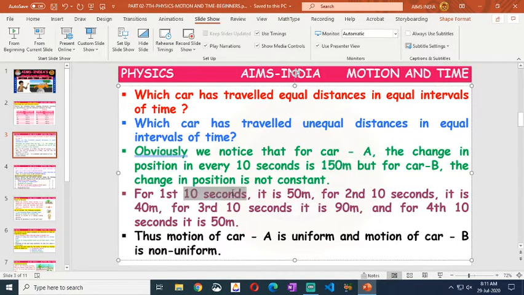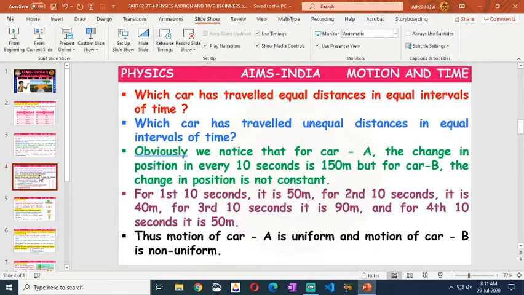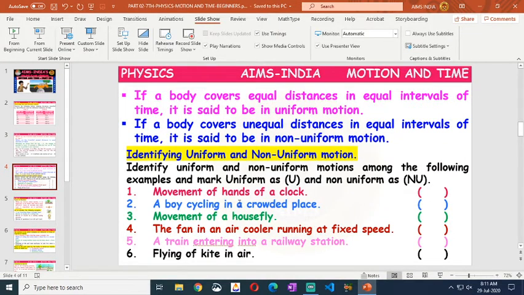Car B has covered unequal distances in equal intervals of time, so we can tell that it is in non-uniform motion.